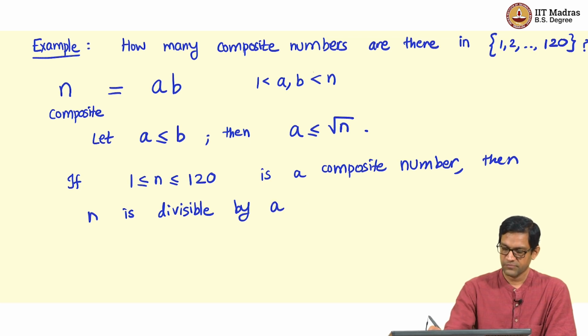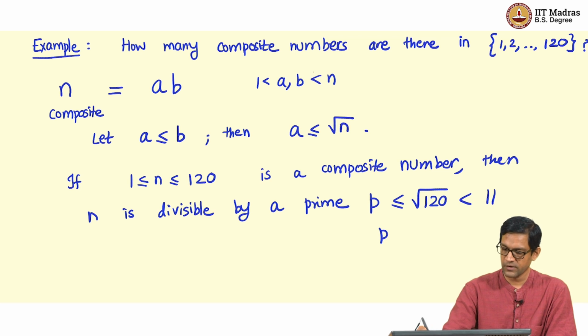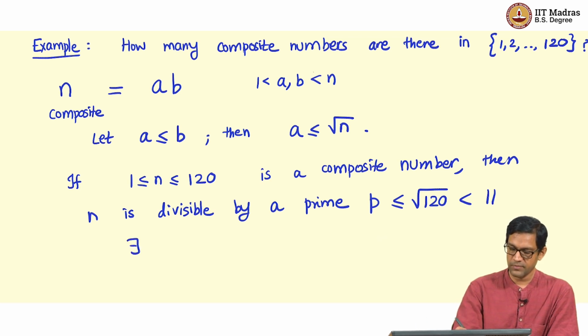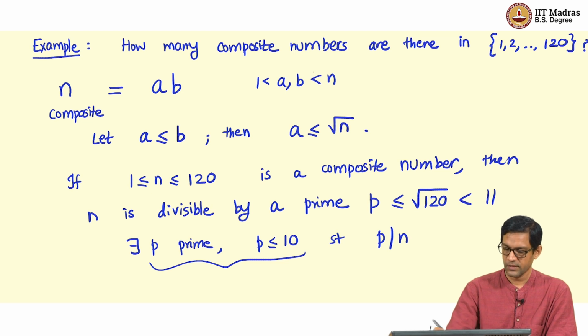And in fact, if it is divisible by some number, it is also divisible by a prime p which is smaller than or equal to the square root of 120, and observe square root of 120 is smaller than 11. So let us finally write down the conclusion. There exists a prime p, p at most 10, such that p divides n. Now what does that mean? We know the primes which are at most 10, so therefore p can be 2, 3, 5 or 7.